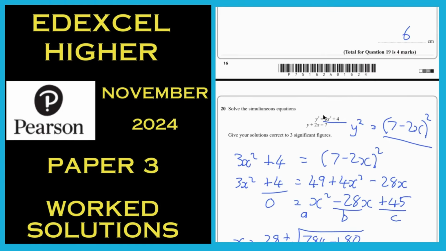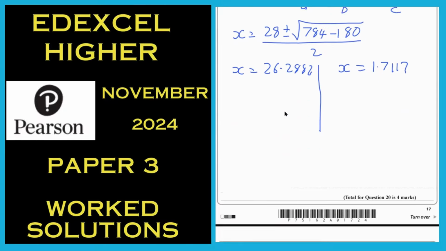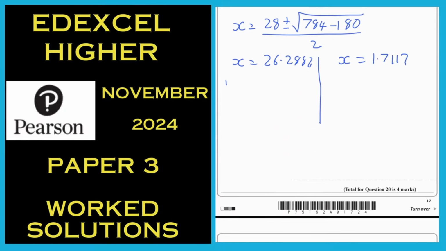Pick one of the original equations. I'll use the bottom one because it's the easiest. The y coordinate must equal 7 minus the x coordinate doubled. So y must equal 7 minus the x coordinate doubled.